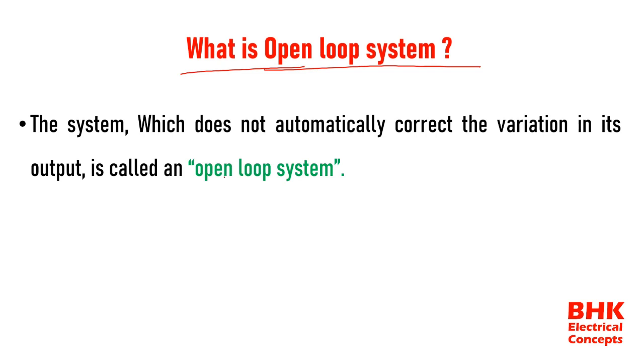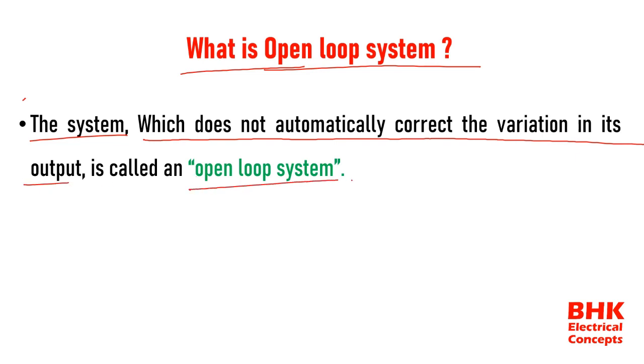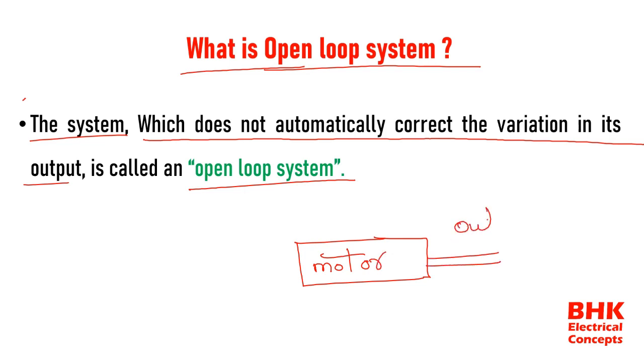The definition of an open loop system is: the system which does not automatically correct the variation in its output is called an open loop system. It means, taking the same example, this is the motor, this is the output and this is the input.